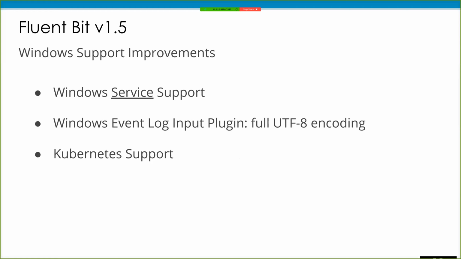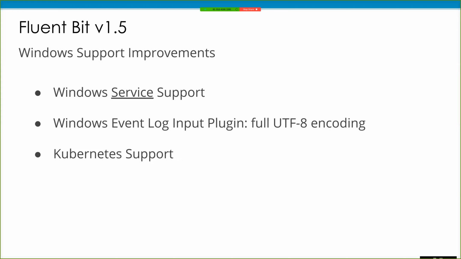One of the features that people were very interested in, and surprisingly for us, the maintainers, has been that people are asking for a lot of support for Windows environments. Since last month, we have integrated Windows support in different phases. In this version, we now provide full Windows service support, so you can manage Fluent Bit as a Windows service.